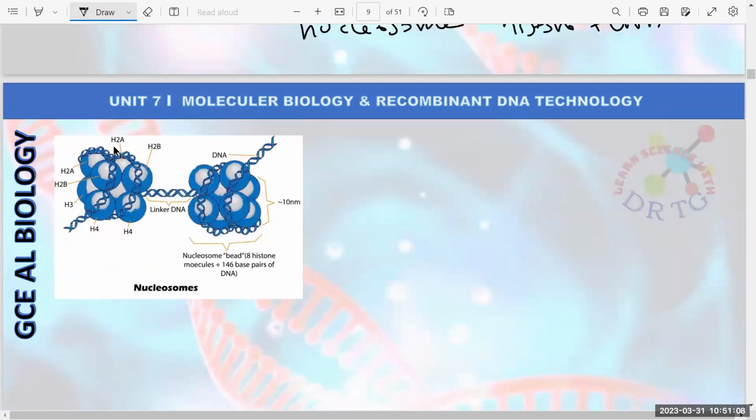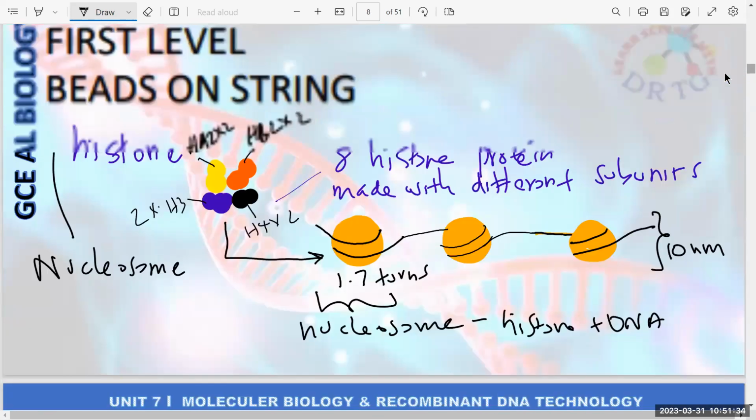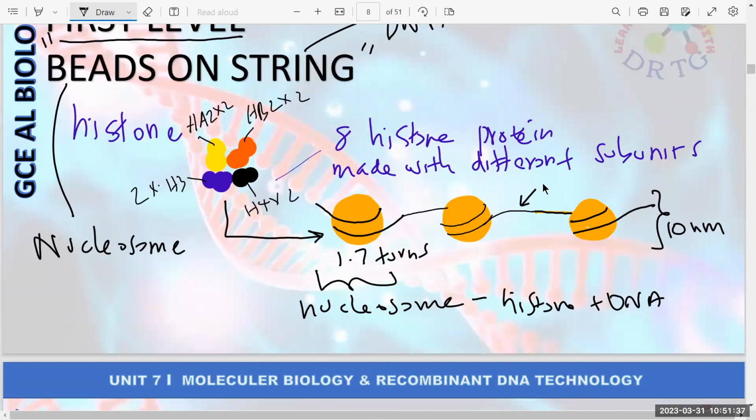So you can see here 8 units of histone, and then a second histone molecule with 8 histone units and the DNA molecule wrapped around it. So this represents the nucleosome. This part of the DNA molecule is known as linker DNA. So it links one nucleosome with another nucleosome.